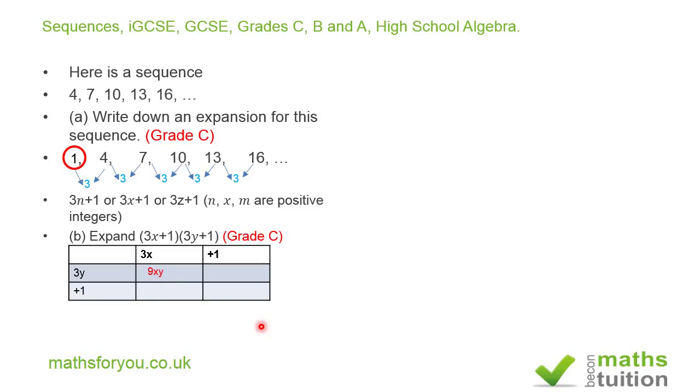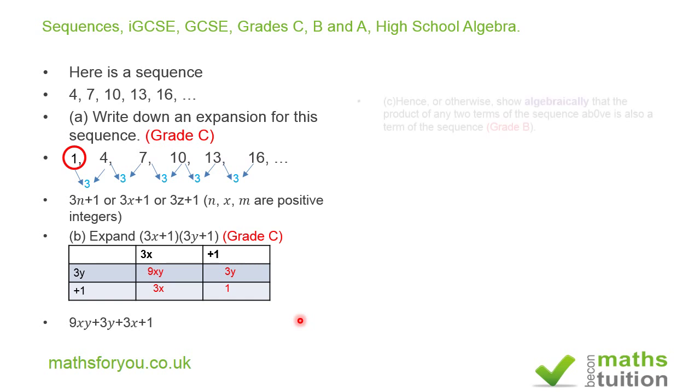So I end up with 3y times 3x gives me 9xy, and then 3y times 1 will give me 3y, and 1 times 3x gives me 3x, and 1 times 1 will give me 1. So when I tidy up, I end up with 9xy plus 3y plus 3x plus 1. And for that, I get 2 marks.